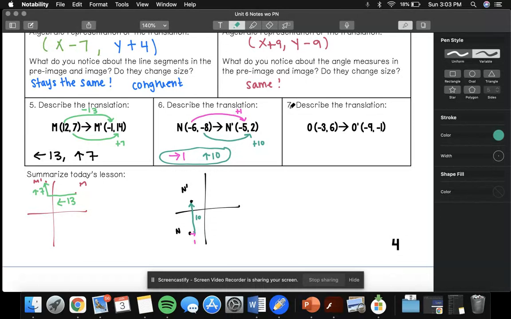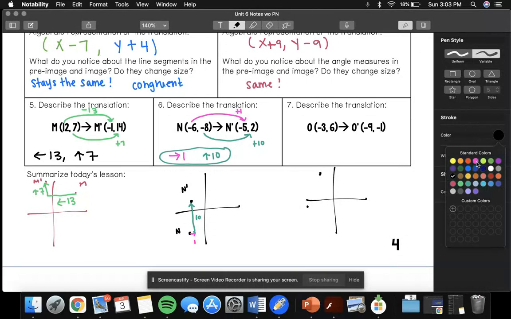Okay, so the last thing you guys are going to do is try this one. We have -3, 6 and -9, -1. So to go from -3 to -9, sorry, this is O and this is O prime.